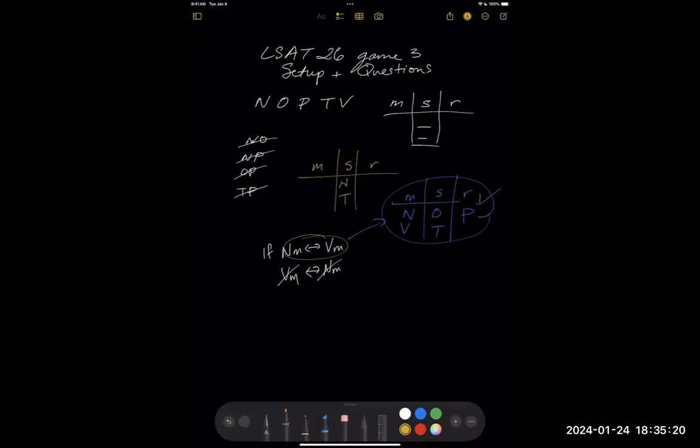For restaurant, we have O and V. And for movie, we just have P. Which makes sense that P is going to be on its own quite a bit because of all of these rules.